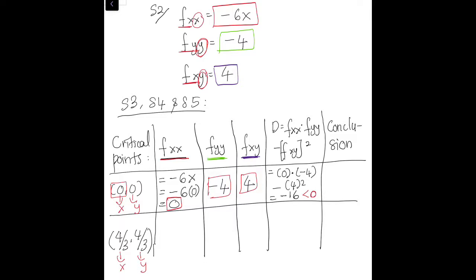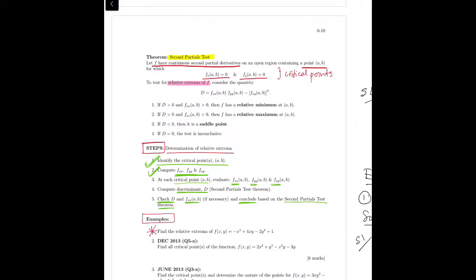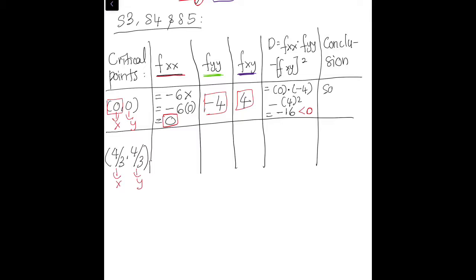And of course, minus 16 is less than 0. Based on the second partial test conclusion, we have D less than 0. So we have number 3, D less than 0, and the conclusion is saddle point. Write that in your table, meaning that the point (0, 0) is a saddle point.